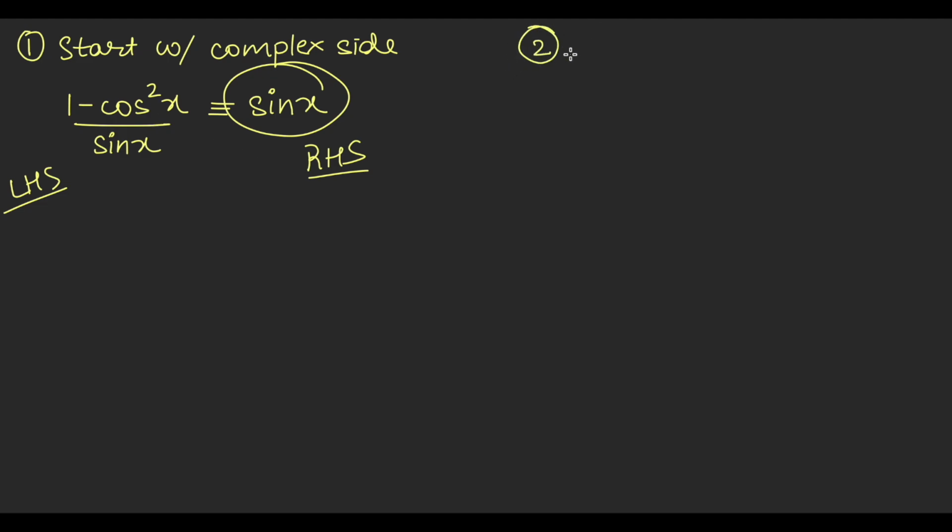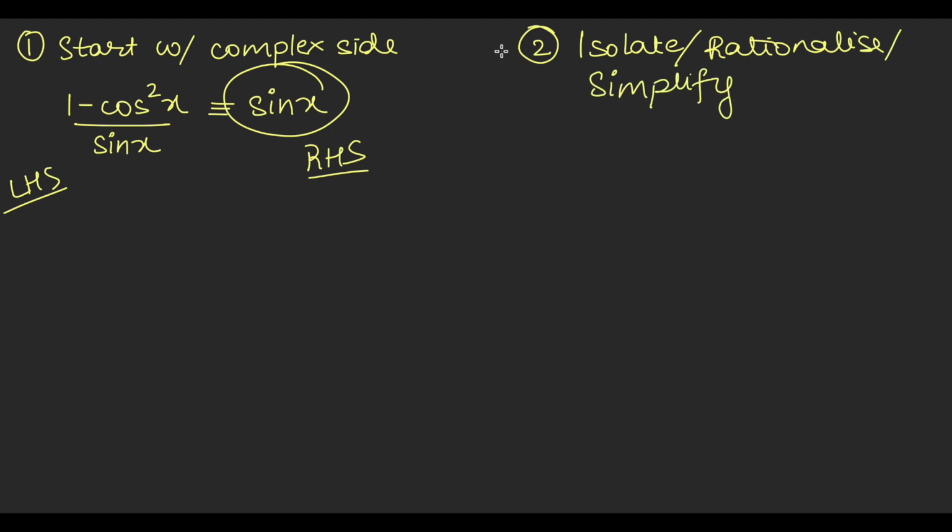The second thing is that you either isolate, or rationalize, or simplify. These are the three options you'll have for almost all of the trigonometric identities. Now before that, the first thing that you need to keep in mind is that when you're proving trigonometric identities, you don't actually operate on both sides.